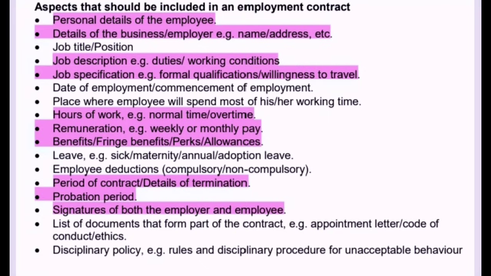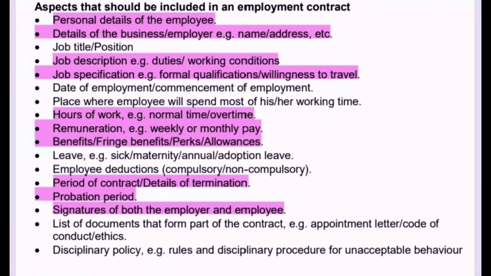Benefits or fringe benefits, which are the allowances, must be included. Leave, sick leave, maternity leave, annual leave, adoption leave must be included in the employment contract. Period of contract or details of termination must also be included in the employment contract.